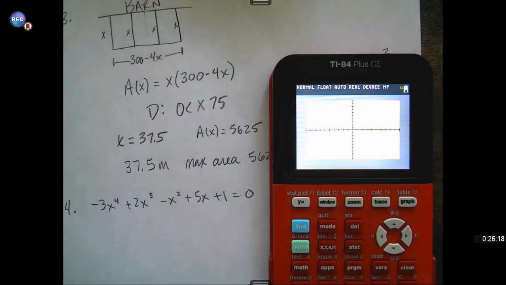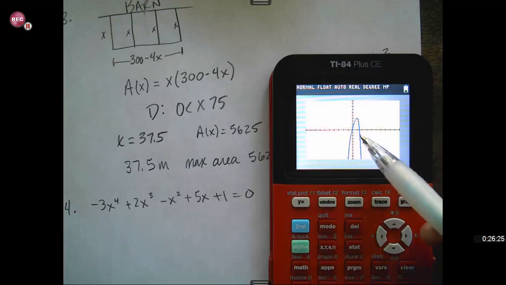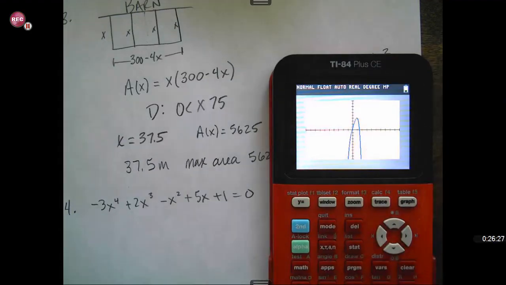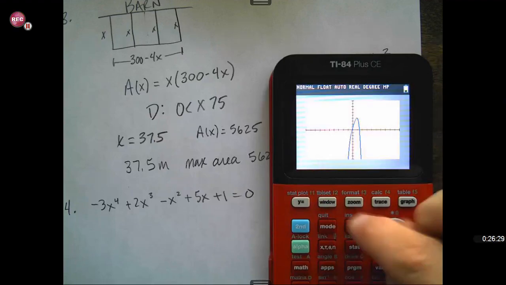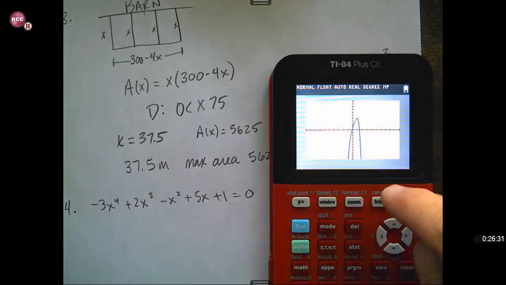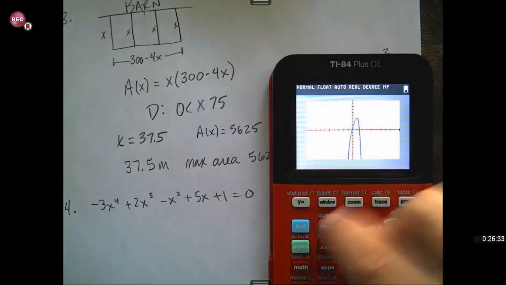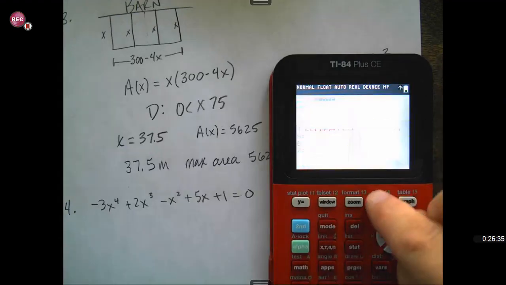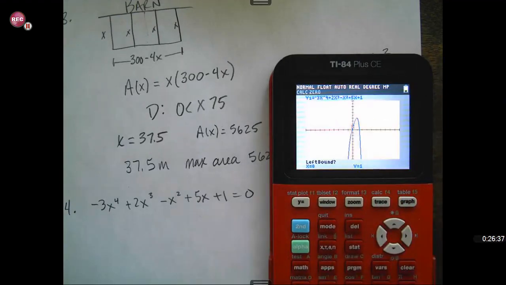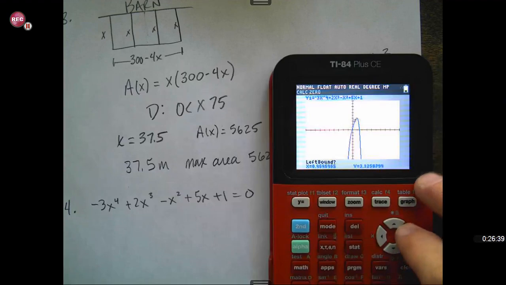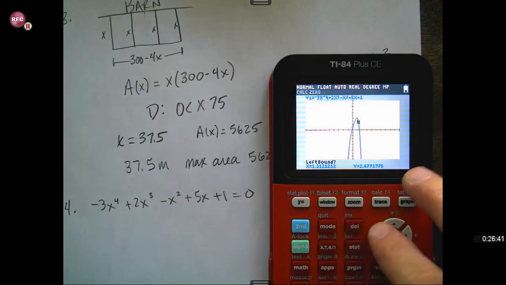And I'm just going to hit zoom 6, and I see that the smallest positive root is going to be over here between 1 and 2. And so I'm going to do second trace, calculate the 0. My left bound for that is going to be above the axis.